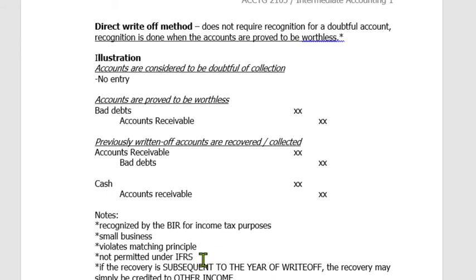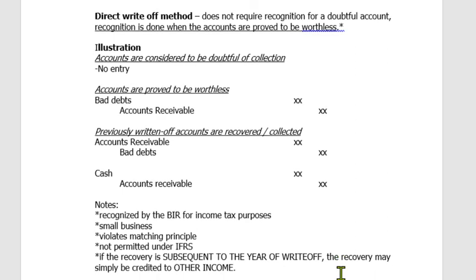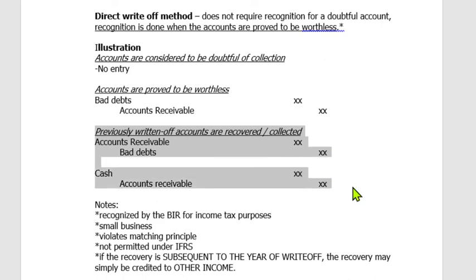Next, if the recovery is subsequent to the year of write-off, the recovery may simply be credited to other income. So anong sinasabi dito? Ang sinasabi lang dito sa bullet number 5 is ito. Papaano daw walang problema kapag yung recovery is within the year of write-off, pero papaano kung ni-write off mo ngayon pero next year ay tsaka mo siya na-kolekta?